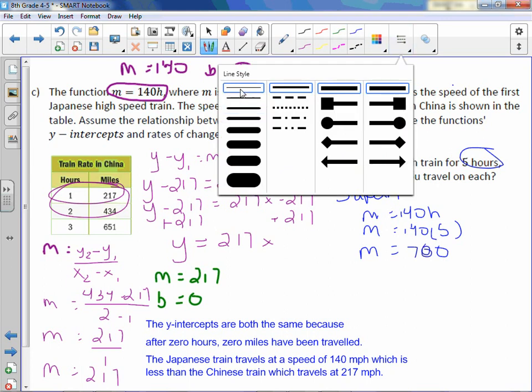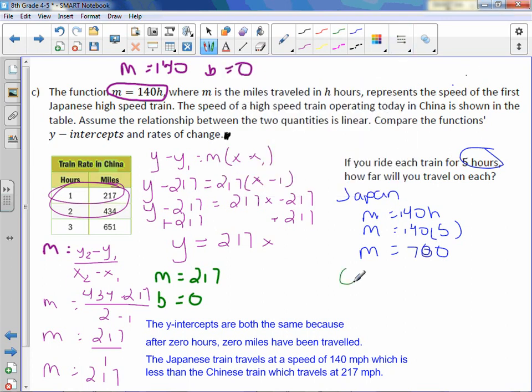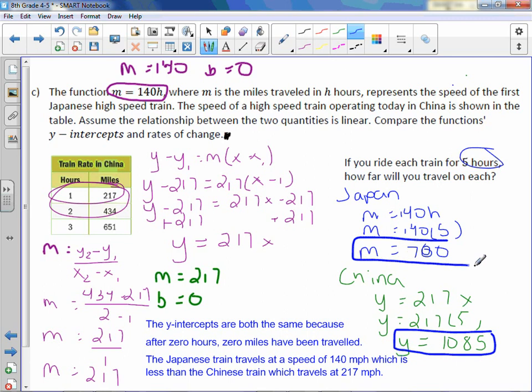So now let's do China. Our formula is y equals 217x, where x is the hours. So y equals 217 times 5. Y equals 1,085. So we have China and Japan, and these are both miles.